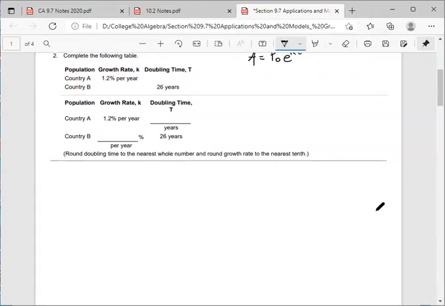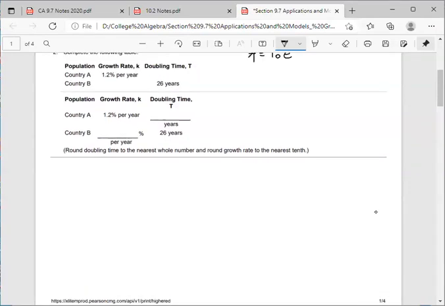So here's what I know about this. This says that country A, I'll just come down here and write down country A, and we've got country B. So for country A, we know that we have a growth rate, or the same thing as K, and we know that it's 1.2% per year. That's kind of what I know.